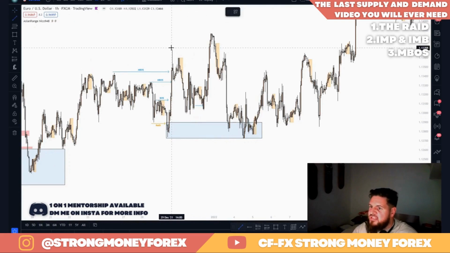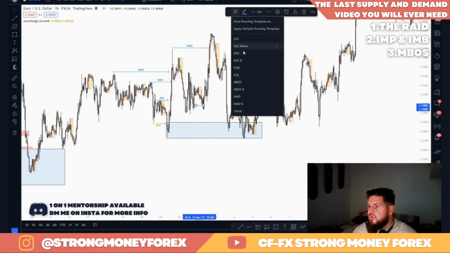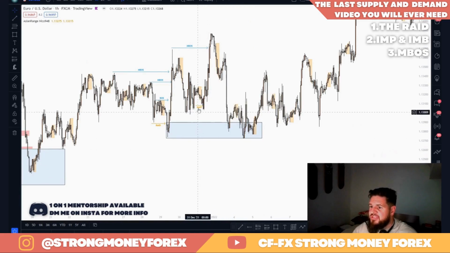Technically, yeah, this is actually a major break of structure. Right, so we've got a mucky raid, okay, which we're not that fussed about because it doesn't sweep any of these key lows. These are key lows because they're swing points. Remember, when price raids, we want it to raid areas of liquidity where there's loads of orders sat, loads of stop losses, okay? If you don't know what I mean, go back to the last video, okay?